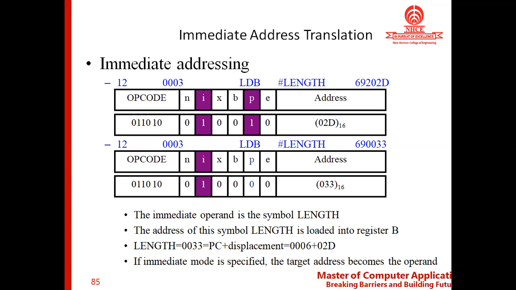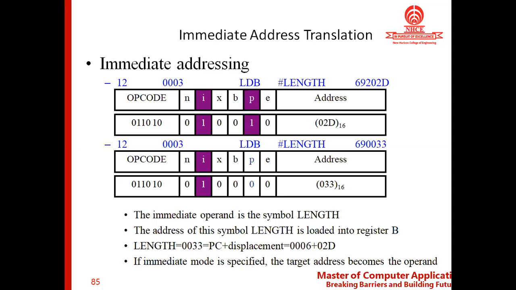If you look at the NIXBP bits, N bit is 0 and I bit is 1, representing immediate addressing. B is 0 and P is 1, which represents PC relative, and E bit is 0. To find the displacement, it follows PC relative mode: TA minus PC gives you the displacement.